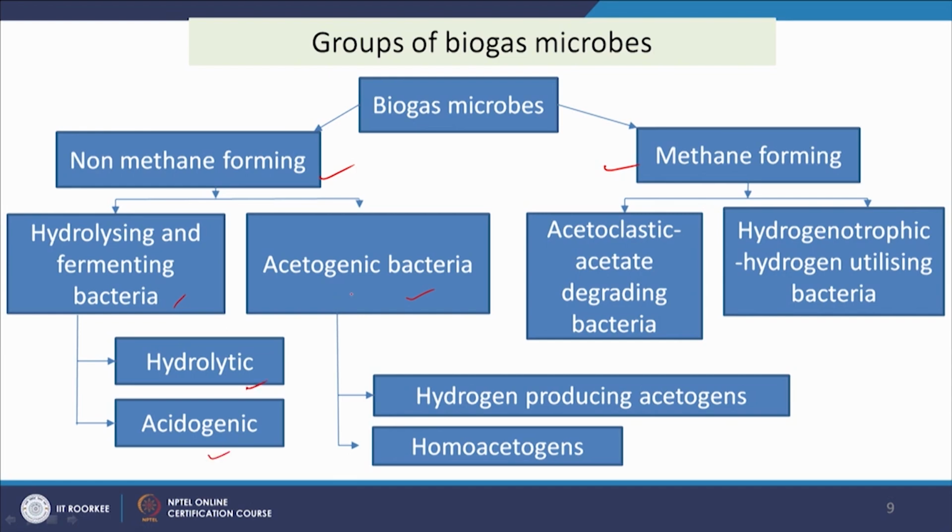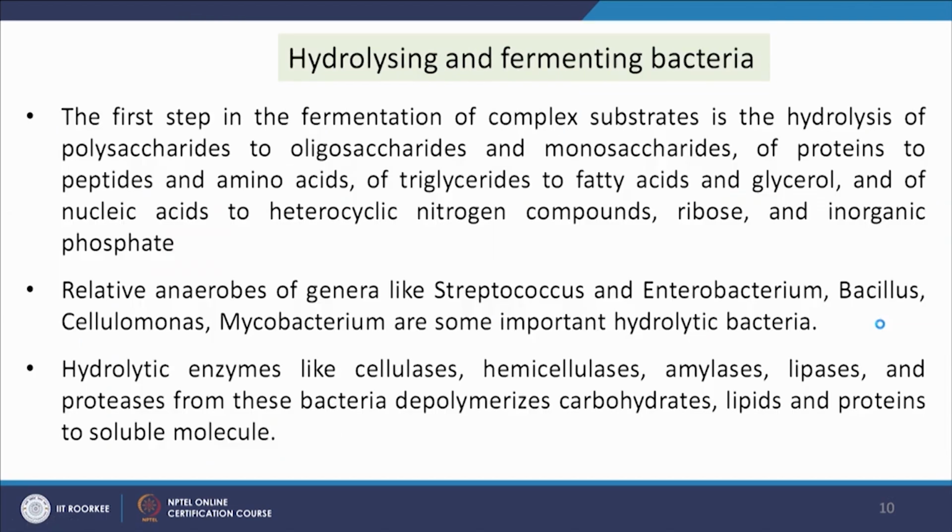And for acetogenic bacteria, we have seen two types, that is hydrogen producing acetogens and homoacetogens. And for methane forming there are two types of reactions we have seen. One was acetoclastic, acetate degrading bacteria, and another is hydrogenotrophic, that is hydrogen utilizing bacteria. So, these are the different types of microorganisms or bacteria which are used for the anaerobic digestion process.